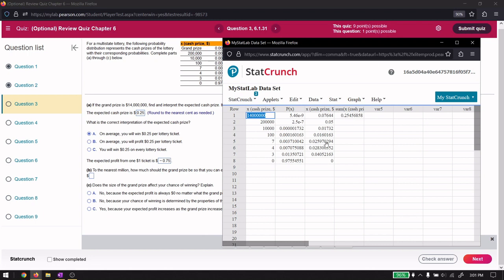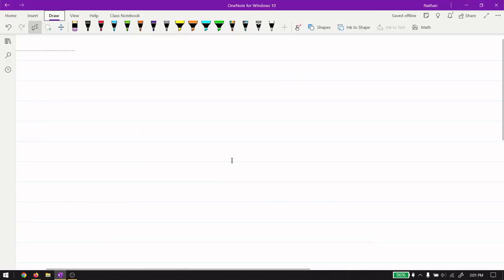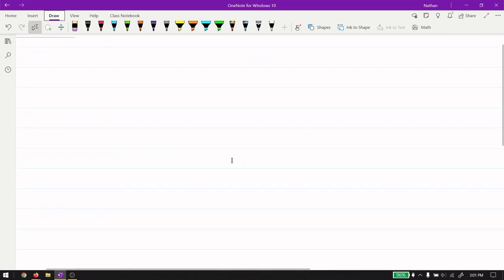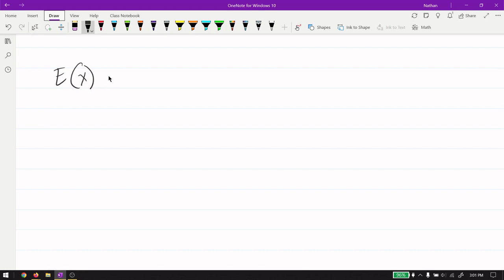So in other words, I'm going to do this process here. I'm going to find the expected value of our random variable here. I'm going to do it by multiplying the probabilities times the first one. So this would be the grand prize times the probability for that grand prize, the dollar amount.